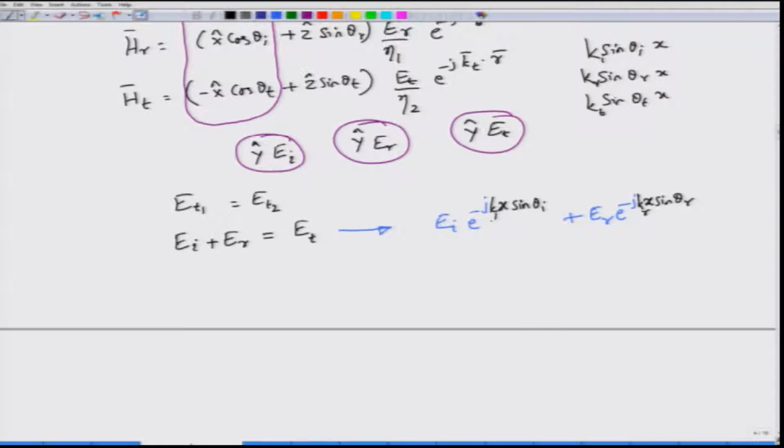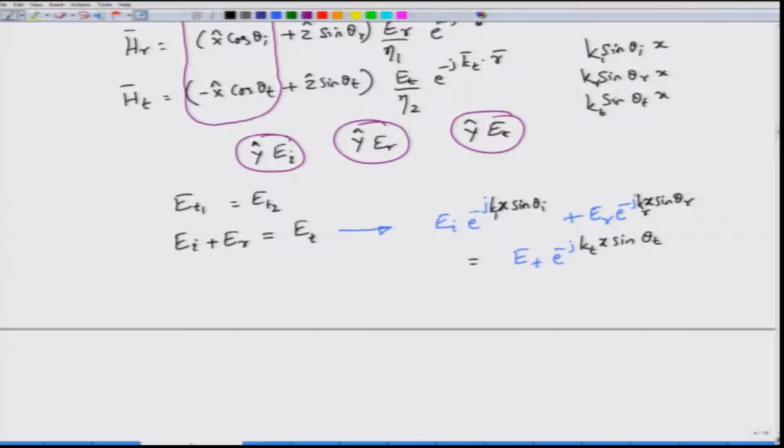Now, you can go back and put those equations. This must be equal to the electric field tangential component on the other region, which is Et e to the power minus j, the phase factor is kt x sin theta t. In contrast to the boundary condition that we derived in the last module, here you have to satisfy the boundary conditions for all points along x.